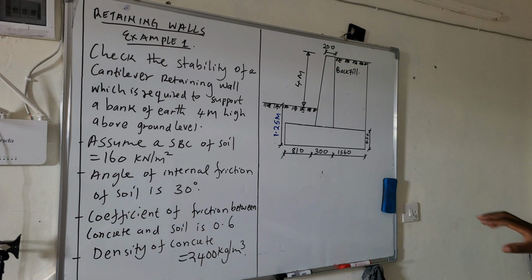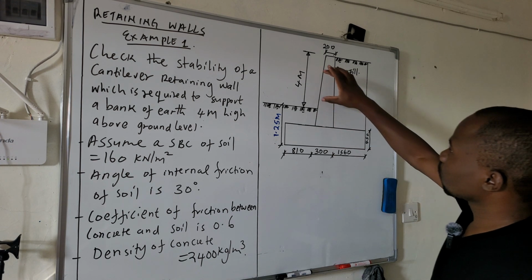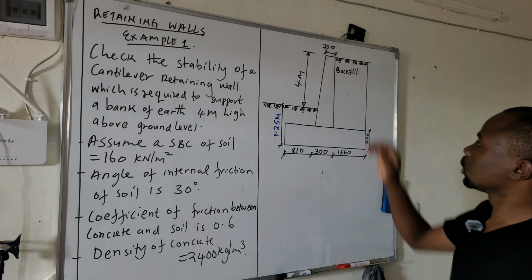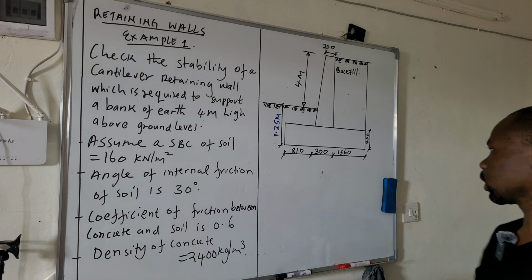So as you can see, this is the retaining wall. The stem of this retaining wall is 4 meters high, and the top width of the retaining wall is 200 millimeter, and the bottom width is 300 millimeter.